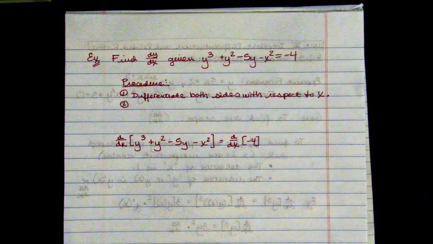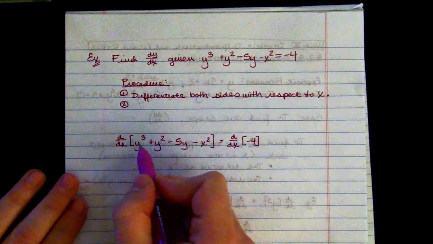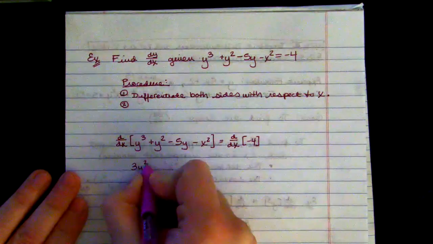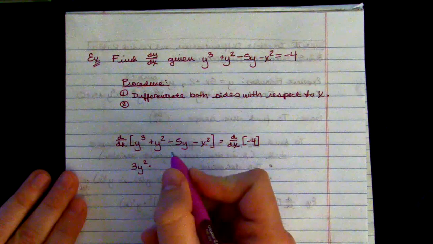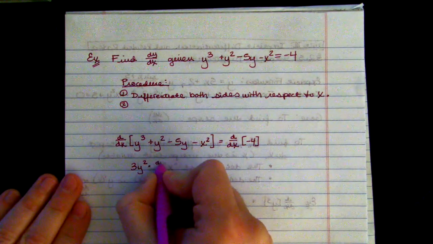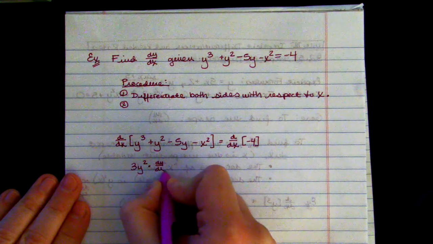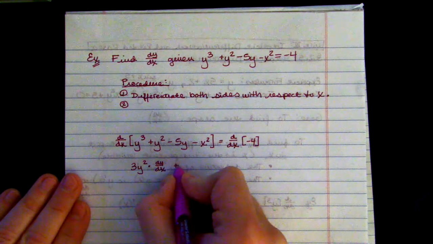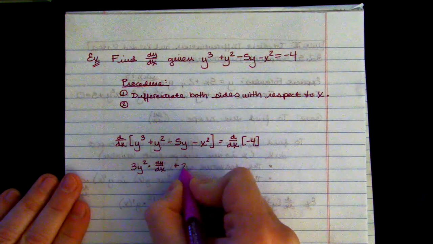The first one, the derivative of y cubed is going to be 3y squared times, what do we have to multiply by because we're doing the derivative of something with a y in it? Hopefully you said dy/dx. 3y squared dy/dx.